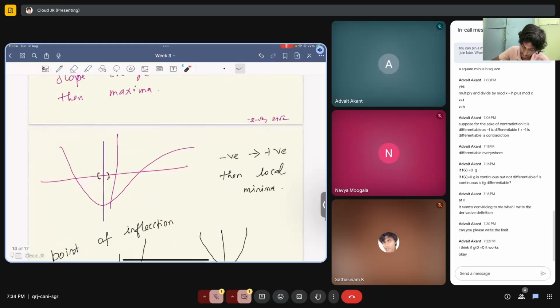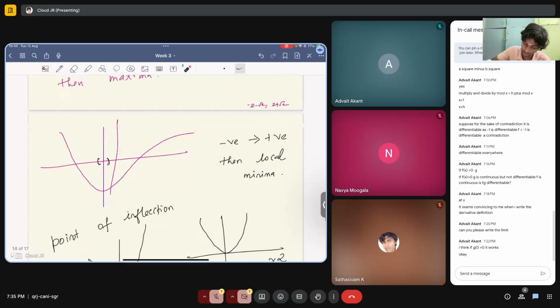And similarly here you see the slope is increasing. So the slope is like this, and here it is accelerating to be positive, right? So the slope changes from positive to negative to positive. That means the rate of change is increasing, so the acceleration is increasing here.